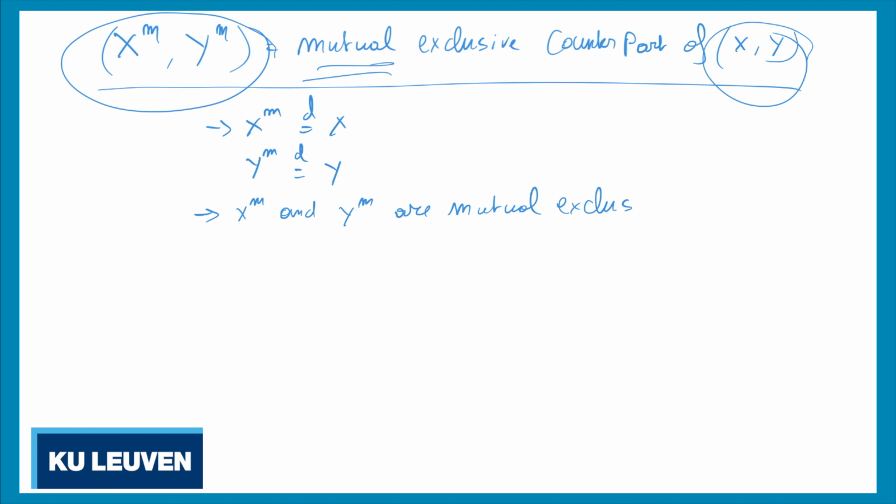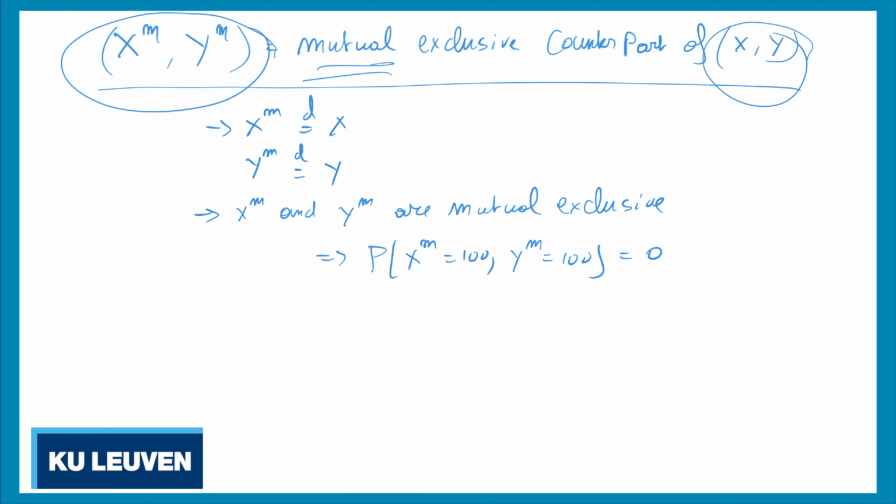What does that mean? Mutual exclusivity means that the probability that X^m and Y^m are strictly positive at the same time is 0. In our particular situation, where X^m and Y^m have a distribution that can take value 0 or 100, it means that X^m equal to 100 and Y^m equal to 100 occurs with probability 0.